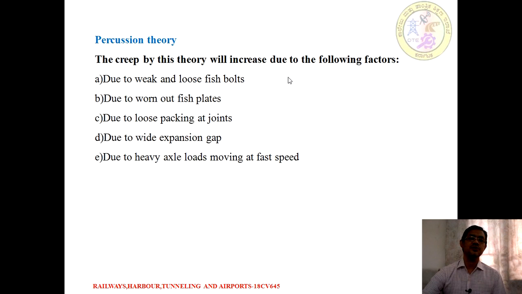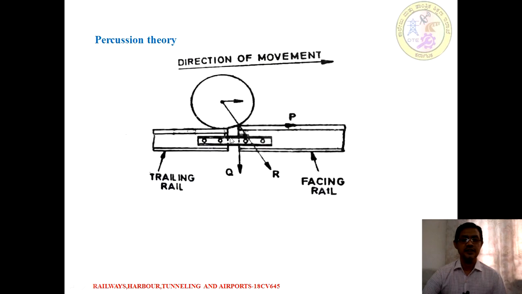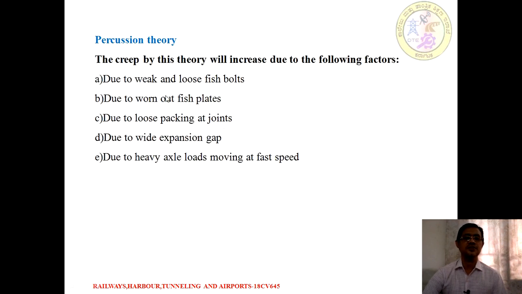According to the percussion theory, creep is going to be increased due to the following factors. There might be weak or loose fish bolts. Suppose in a rail joint the fish bolts are loosened, there might be a gap or chances of movement in the longitudinal direction of the rail.